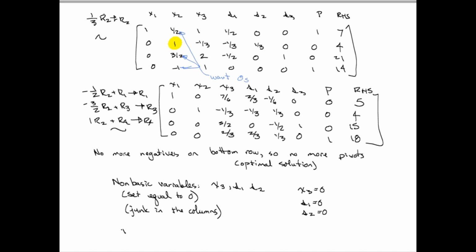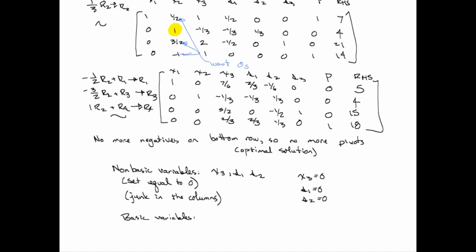Okay, and then we also have our basic variables. These are the ones that do not have the junk in the columns. These are the columns that look like they came from an identity matrix. So these are x1, x2, s3, and P. So what do I get for those? These I find the values by reading off the right-hand side. So x1 is 5, x2 is 4. Look for where that 1 is in that column.